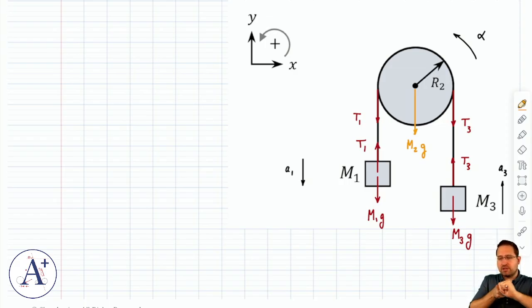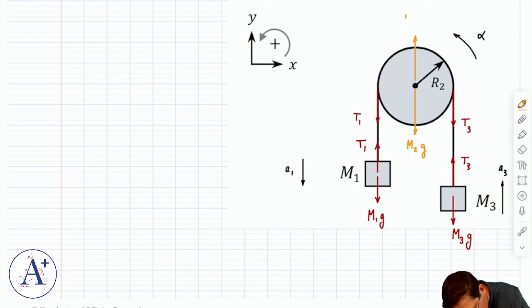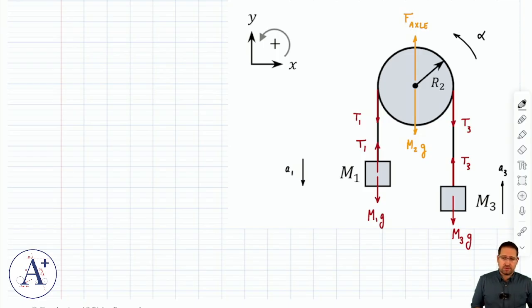But there's an axle on this pulley, right? And the axle will exert force. You could call it a normal force. You could call it the force from the axle. Whatever, it doesn't matter. The point is that it's there, and it holds everything in place. So if you want to be picky, you would draw all four of these forces.